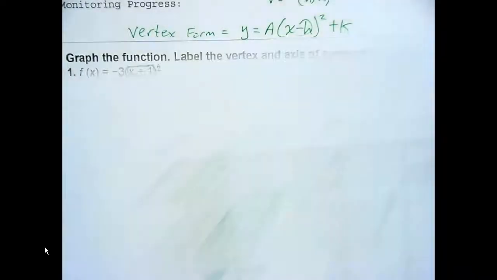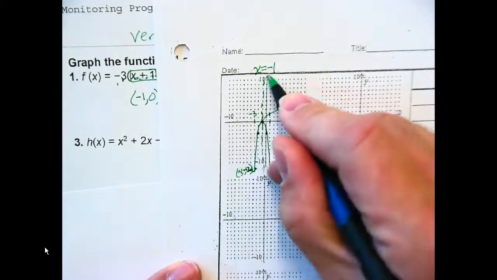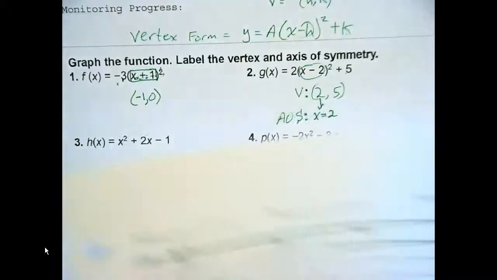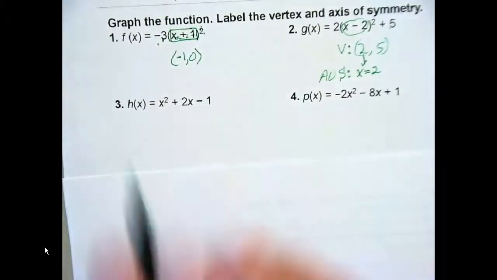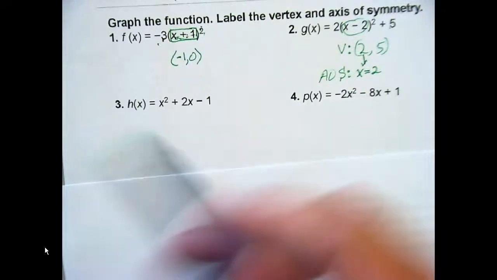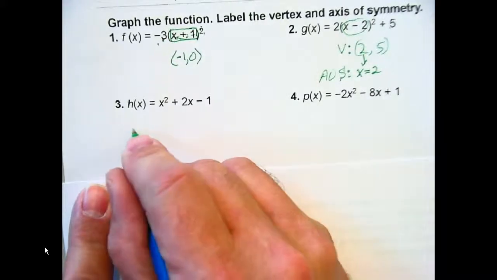So if we go back to this graph, notice there's our x value, our h value. The axis of symmetry is the same equation. But Kendall, we're going to use that here in a minute, because now on number 3, we need to graph that. And it's not in vertex form. So to get it in vertex form, there are a couple ways to do it. Or you can just use the equation that Kendall just gave us.